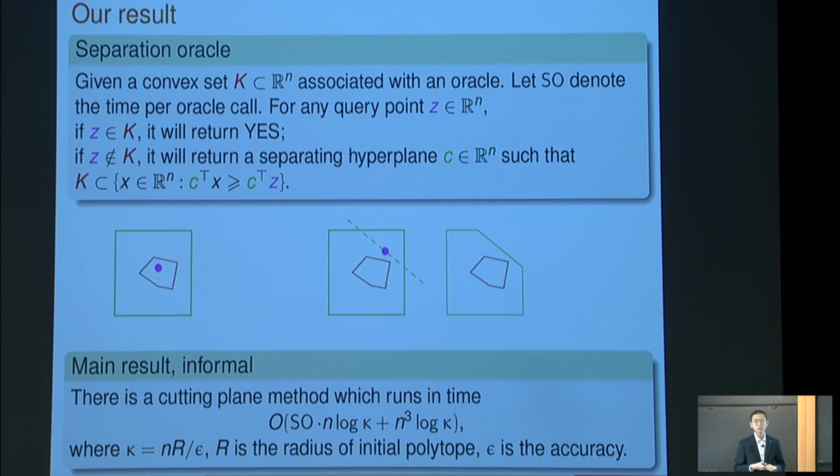It could be even just log kappa, maybe n is not involved there. I think you have to pay n squared because you need to write down the matrix, or you need to read the matrix. I think it's multiplicative. I think n squared times log kappa is a lower bound for the second term, but that's just a trivial lower bound. Good question.